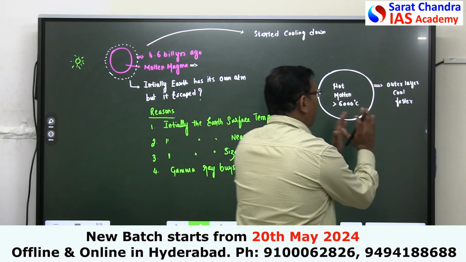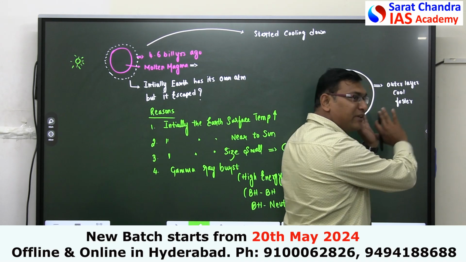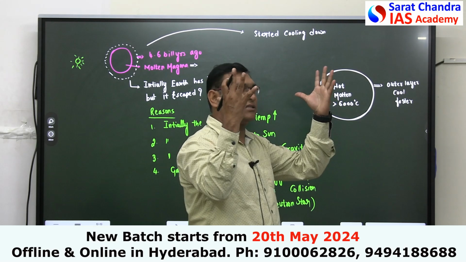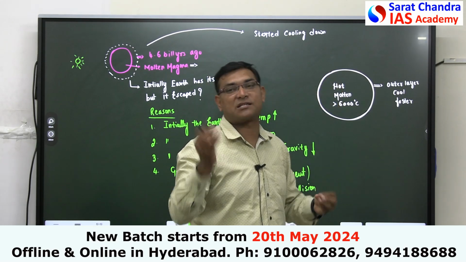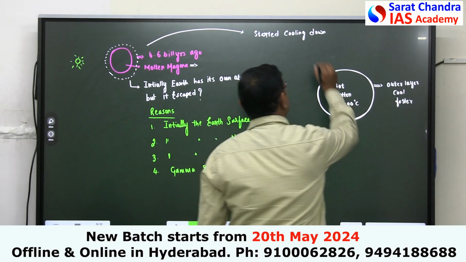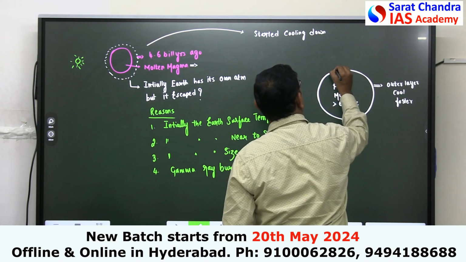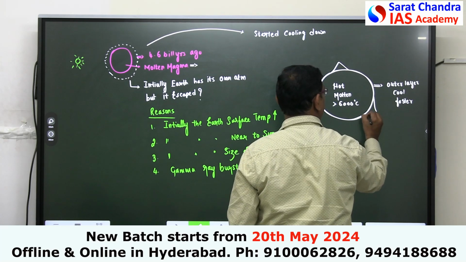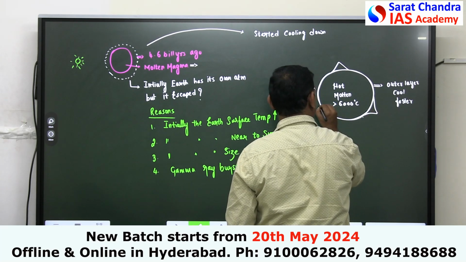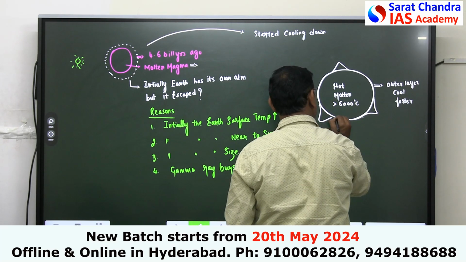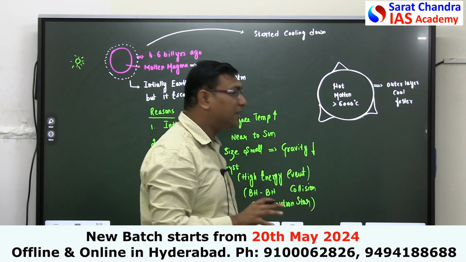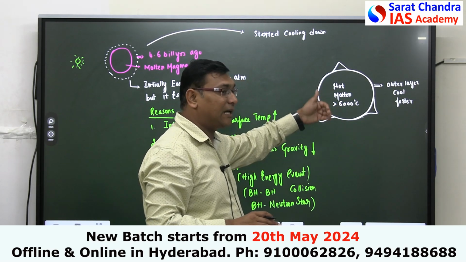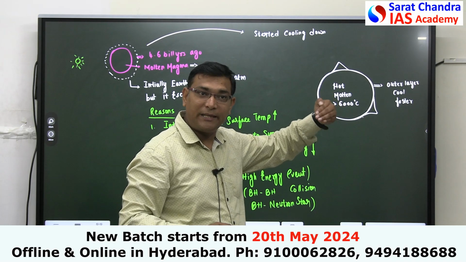So the difference of temperature between the outer layer and the inner layer led to the burst that is called a volcanic burst. This process is called volcanic burst. In the process of cooling, the outer layer cooled faster, the inner layer is still hot molten magma.